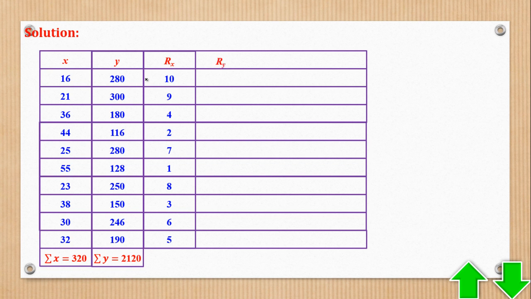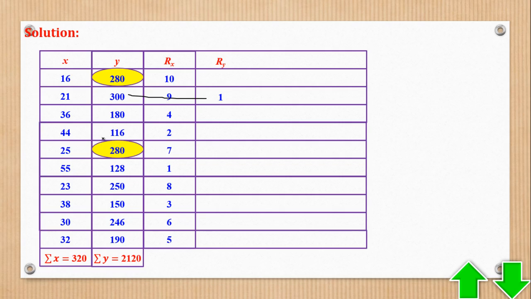Now we shall rank also the expenditure. The biggest is 300, which gets rank 1, followed by 280. But now, we have two values with 280. Now in ranking, identical values get a similar rank, and that rank is the average of the would-be positions.